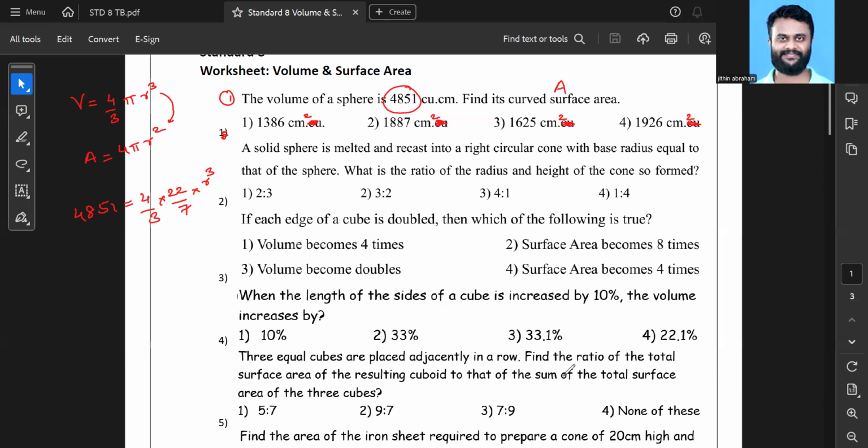This calculation is strange. We will have to take the cube root. Why so? Just a minute.